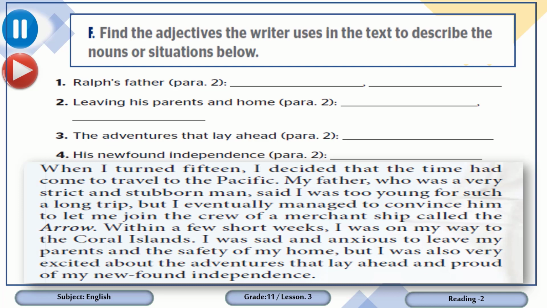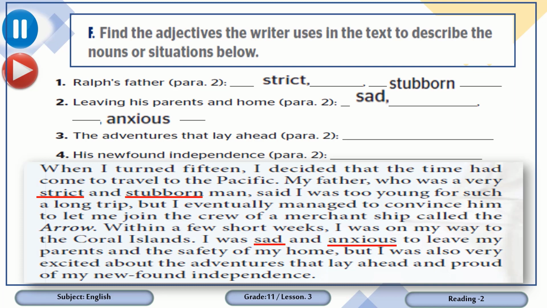Okay, now it's time to check the answers. Ralph's father was described to be excellent, strict, and stubborn. On leaving his parents and home, Ralph felt very good, sad, anxious. Number 3, the adventures that lay ahead were excited and he was proud. Very good.